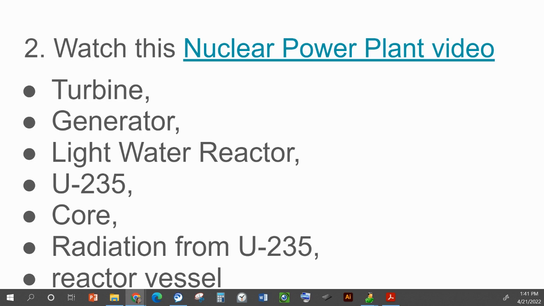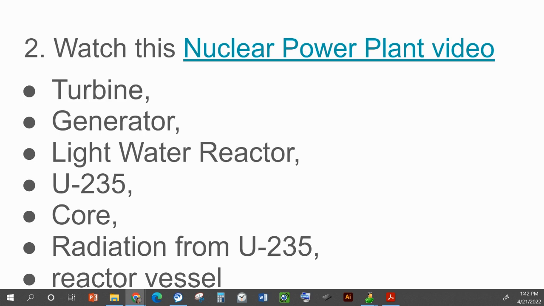Okay. I'm gonna write these on the board so we can see them, and then I'm gonna switch to our document. So we've got the turbine, generator, light water reactor, uranium-235, the core.